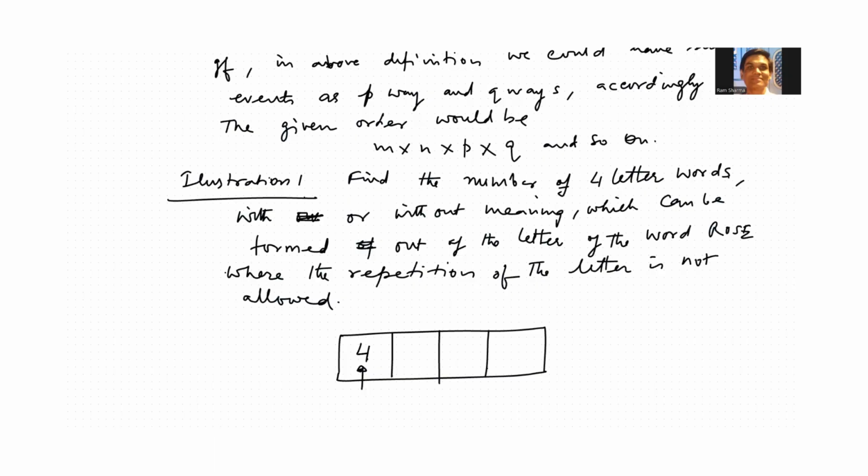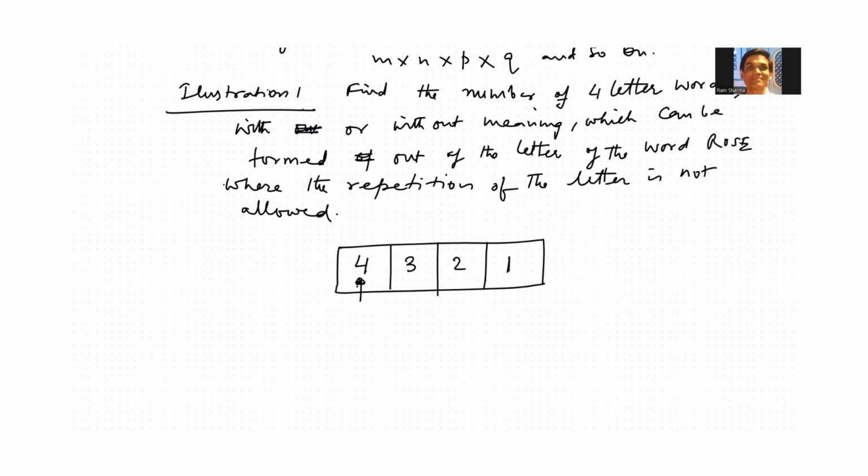Once you have fixed one letter, in the next box there will only be three possibilities. Similarly, in the very next box, there will be two possibilities. And finally, the last box will have just one possibility. So the total number of ways, by using the principle of counting, will be 4 multiplied by 3 multiplied by 2 multiplied by 1. So there will be a total of 24 ways.